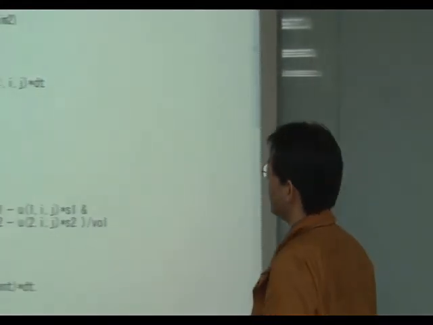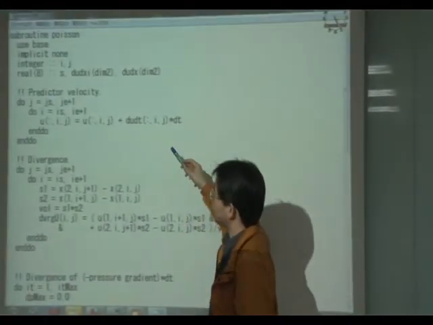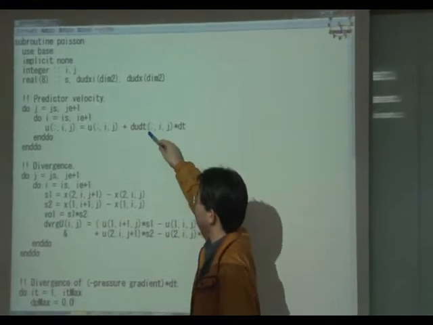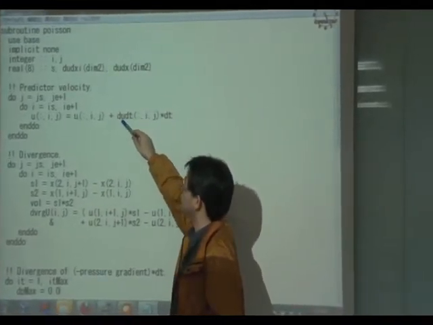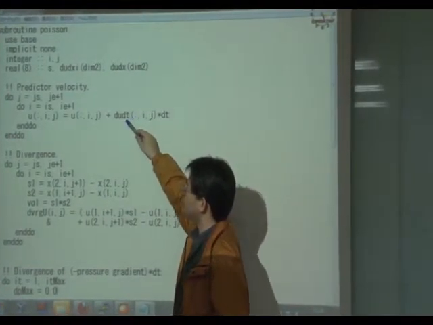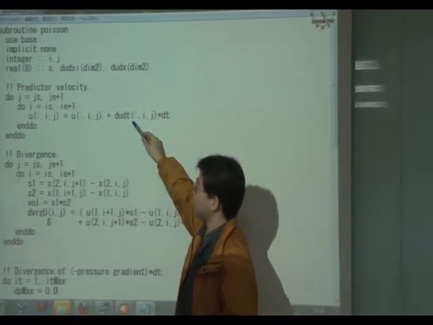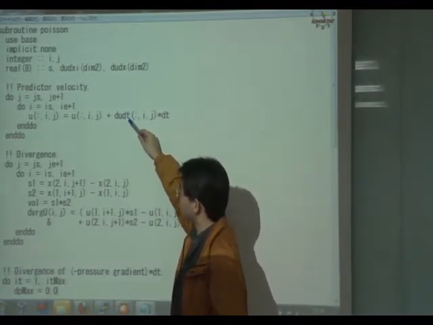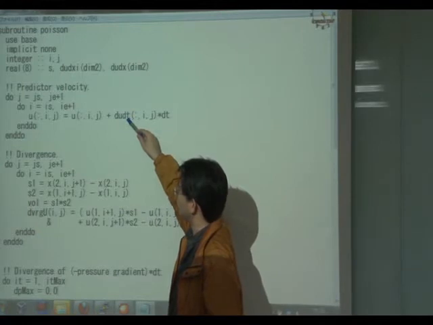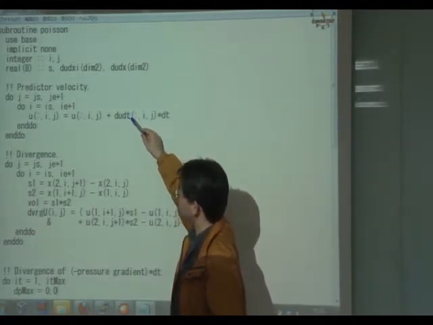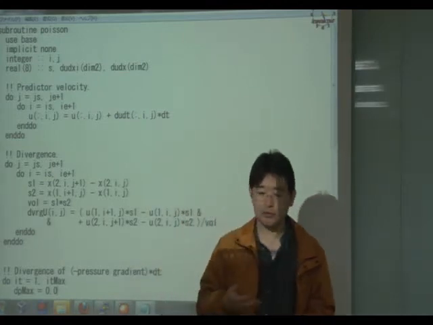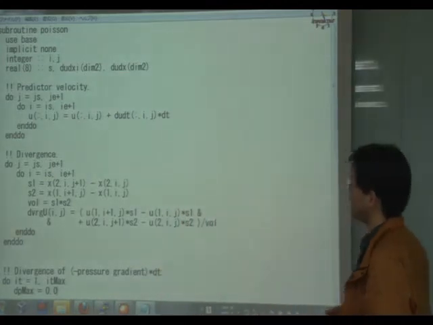You have already calculated the convection and diffusion term and assume it is stored in this array, du dt. So you can imagine this is the acceleration caused by a diffusion term and convection term.